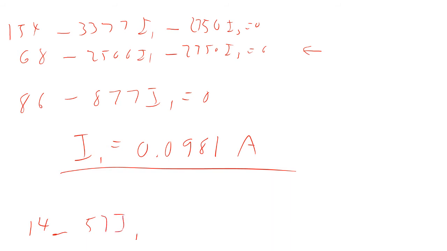Okay, so I take that and I plug it into my very first equation, which was 14 minus 57 I1 minus 250 I2 equals 0. And what that gives me is 8.410 minus 250 I2 equals 0. And I2 is 0.0336 amps.